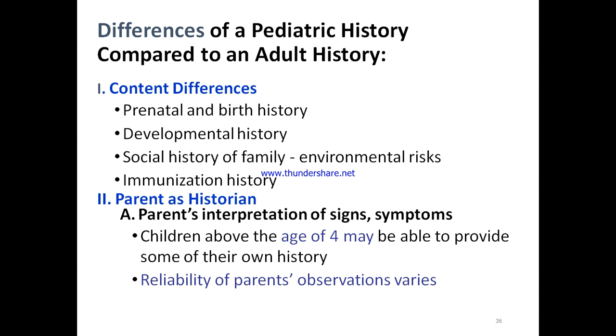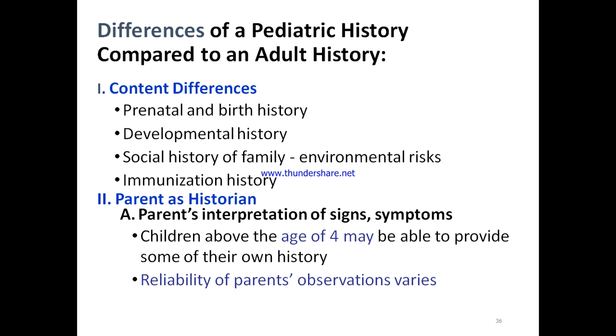pediatric history. The other difference of pediatrics versus adults is that parents are the historians in pediatric age groups. We gather the most important history or clinical features of a child from his historians or from his caregivers.